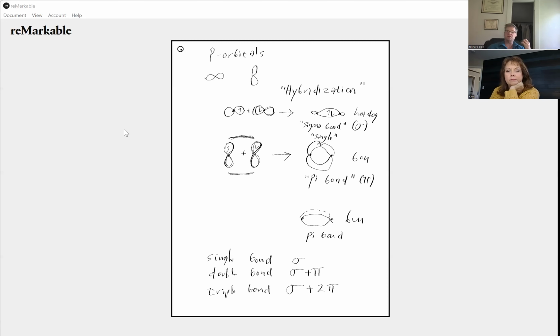But every single one of these bonds involves two and only two electrons. No more, no less. Every bond is two electrons total.